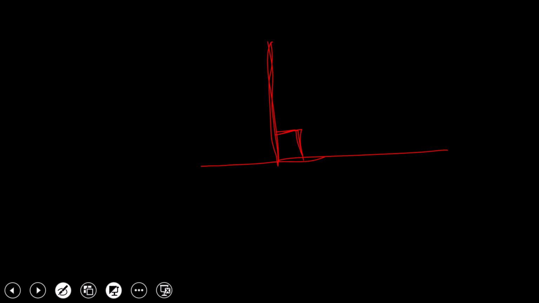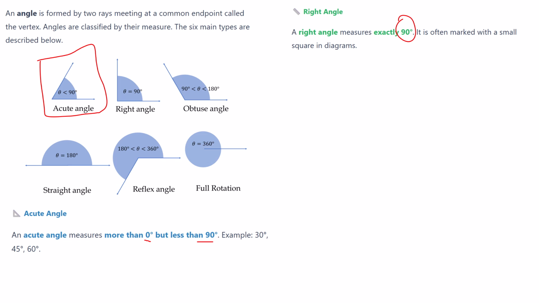Anytime you see something like this over here, it indicates 90 degree, and that is the right angle. That is the 90-degree symbol or the right angle symbol. It is marked with a small square in the diagram, as I showed you before. This is the right angle.